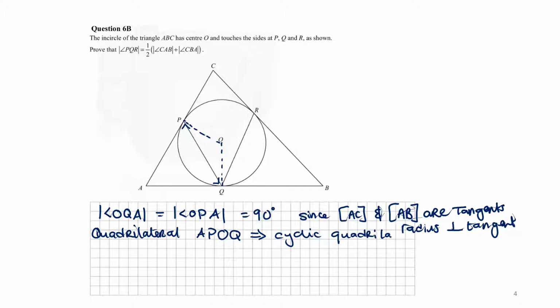So O to Q to P is the same size as O to A to P. So this angle here is the same as this angle here because they're standing on the same arc. So let's write that down. Angle OQP is equal to angle OAP, angle standing on the same arc.